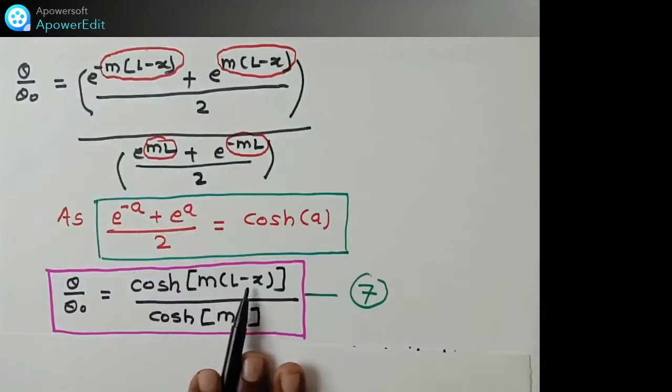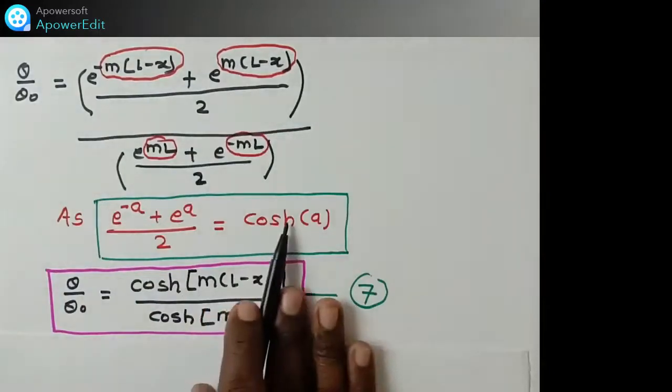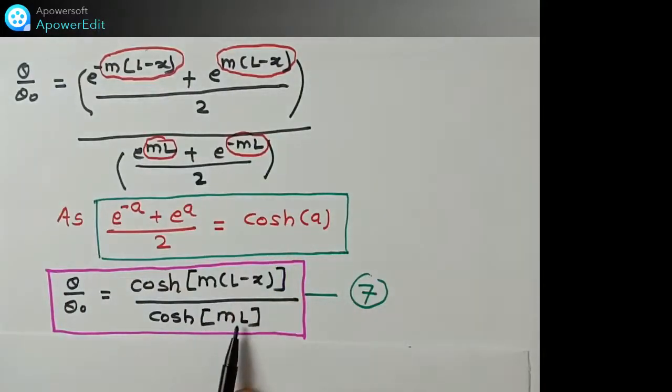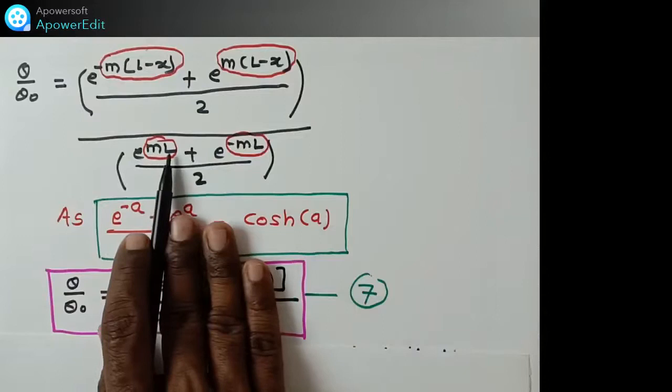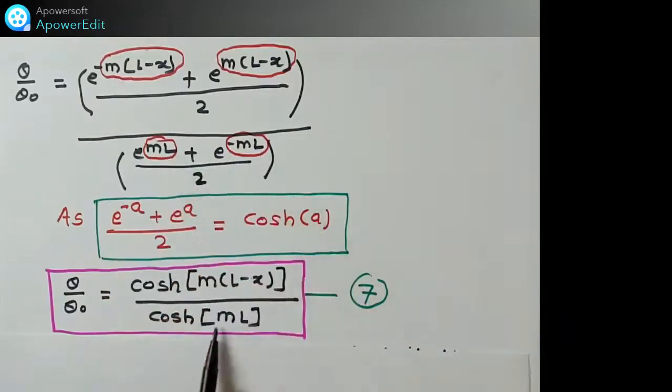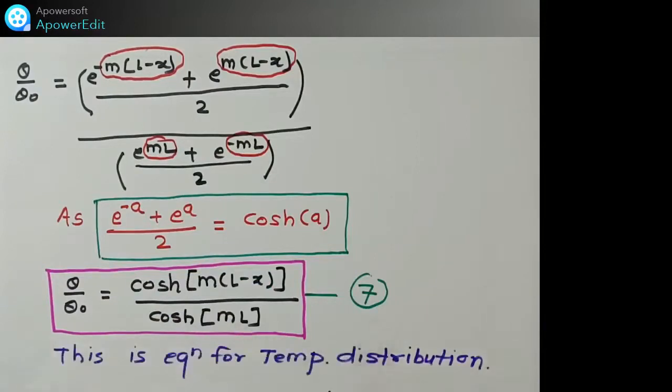So m into L minus x divided by cosh of, for a at the denominator, this is ml. So we can write ml. So we find this formula, equation number 7. This is the equation for temperature distribution.